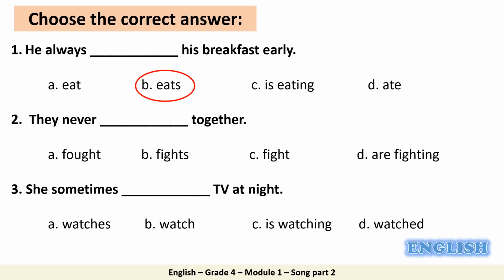Here we have the pronoun they. So, which one are you going to choose? Fought or fight or are fighting? Fight. Great job. And the last one here, she sometimes watches TV at night. Which one? Watches. Great job.